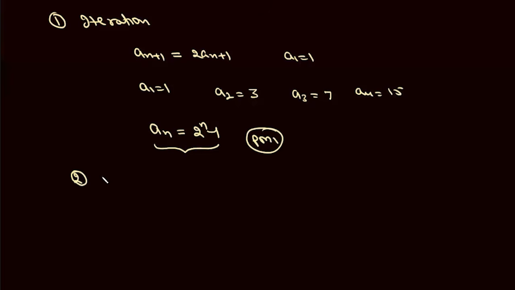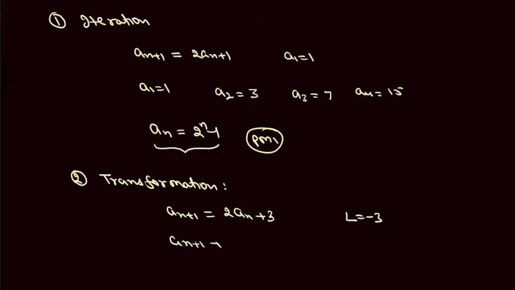Second method is solving by transformation. And we have already seen this in this example, a(n plus 1) is 2an plus 3. So here we have calculated a fixed point as minus 3, and then we can write this as a(n plus 1) plus 3 equals 2 times (an plus 3), which becomes a GP.